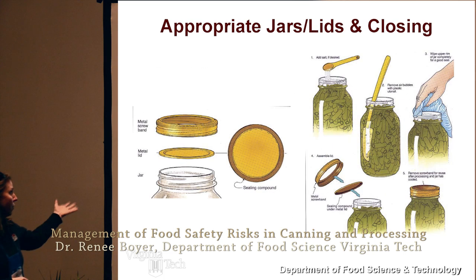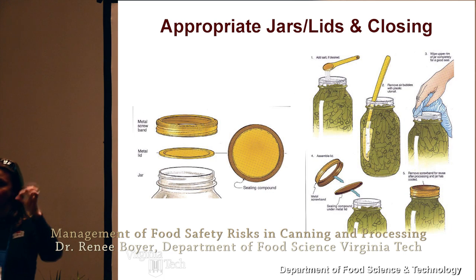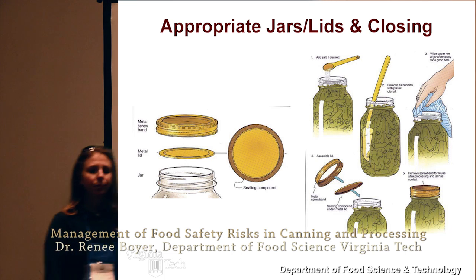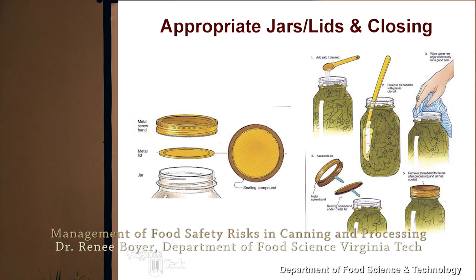And then the vacuum is sealed. The headspace is important also because it helps to pull the vacuum, which seals the jars. This is where someone asked me about the sealing compound. They wanted to know if they could reuse their jars. You can reuse the jars, but you have to get a new lid every time. Not the ring.